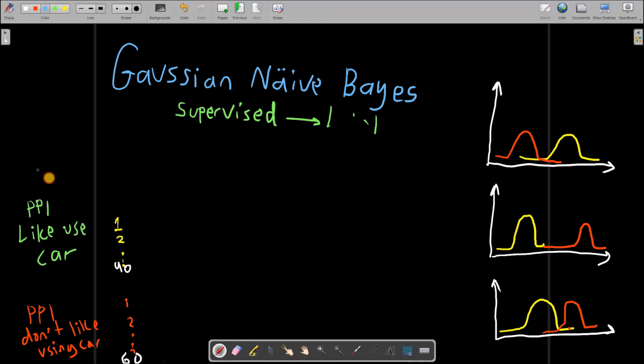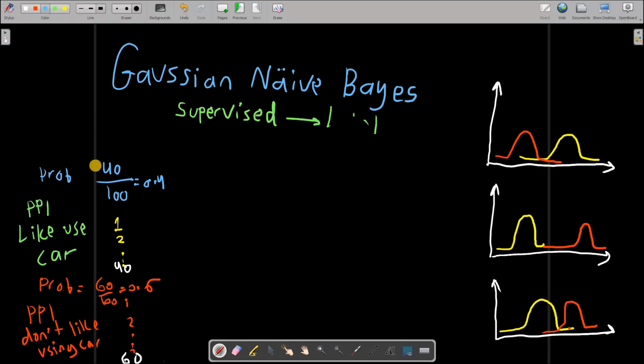Now the probability that somebody likes to use the car depends on the number of samples. So here I have 40 samples divided by the total number of samples, so it is 0.4. And here, the probability that somebody does not like to use a car, according just to my data here, is actually 60 over 100, which is 0.6, right? Because I have 60 people and a total of 100. Now, this is the probability for if someone likes a car or does not.